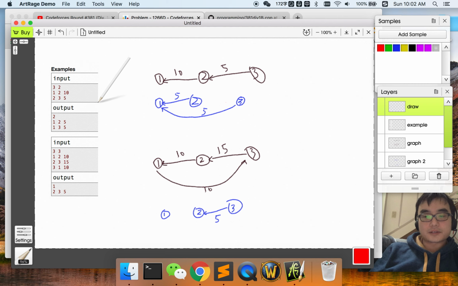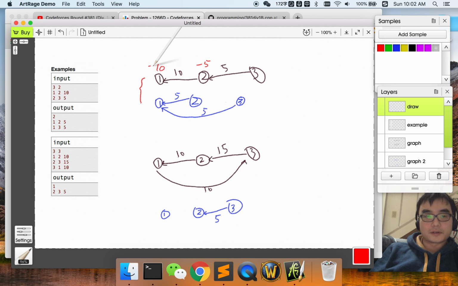So what's the commonality between these two graphs? As we can see, the second person in the first graph gets $5 and lends $10, right? So in total, he lends $5. And the first person here gets $10.